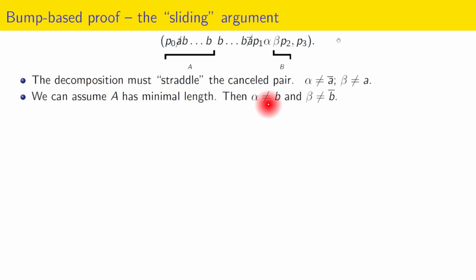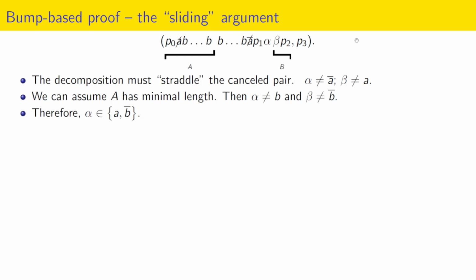So alpha then cannot be B, because if it were B, I could move this bit one step left. I would add one B to capital B and remove one B from capital A and still keep the balance. So this means that A wouldn't have minimal length. And similarly, beta is different from conjugate B.